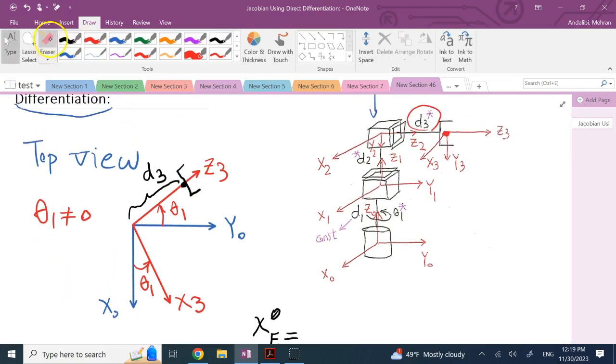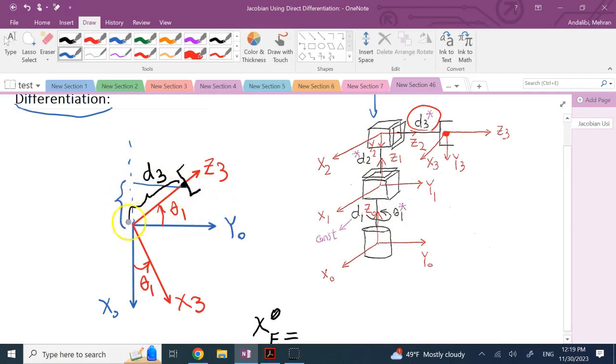And in this case, you can see that, of course, it is in the opposite of the x3 direction, right? So you have to go along this axis. So that's this distance here. And that is d3 times sine of theta 1 with a negative sign.